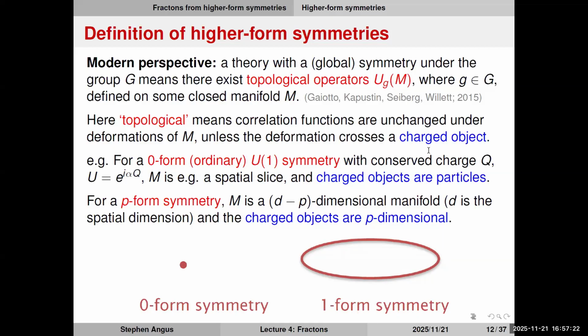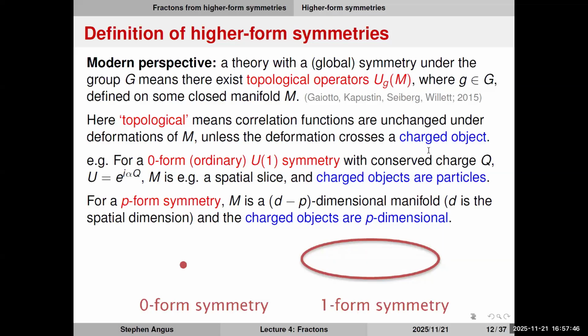Topological means that its correlation functions are unchanged under deformations of this manifold, unless the deformation crosses a charged object. So we have two types of operators: topological operators on some manifold, and charged objects.